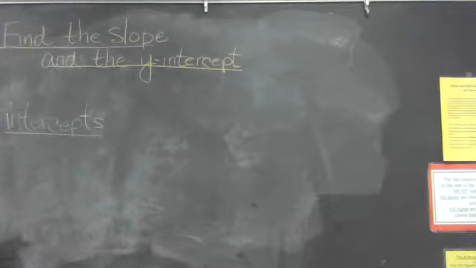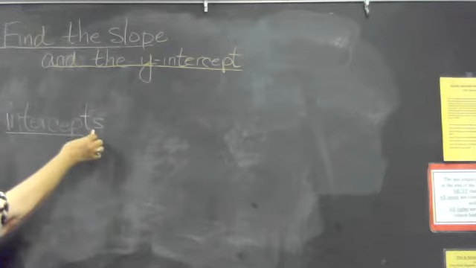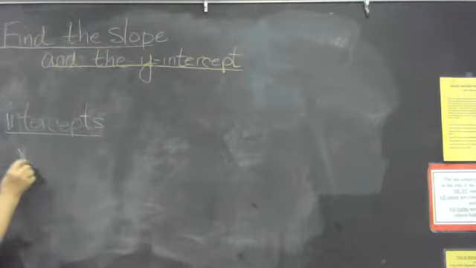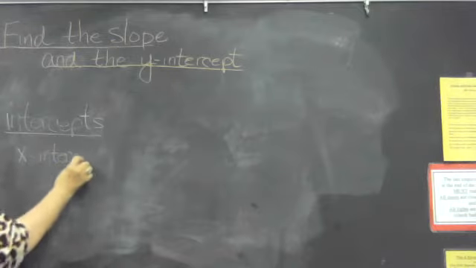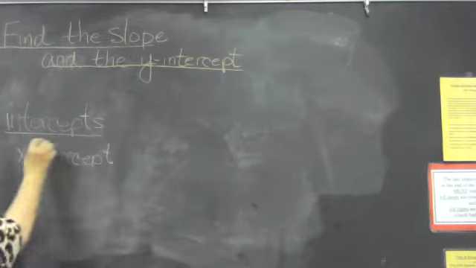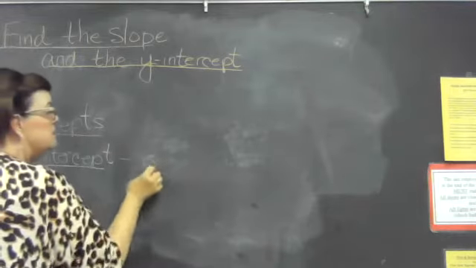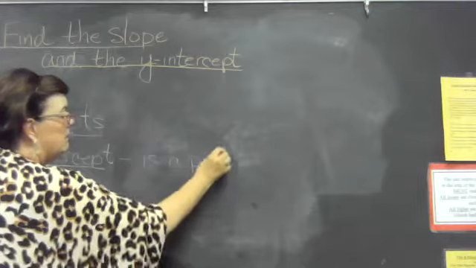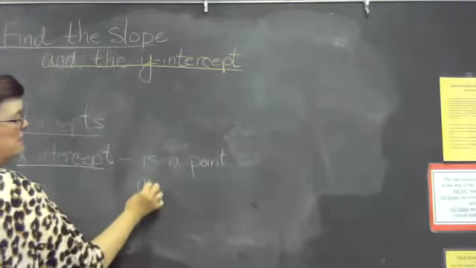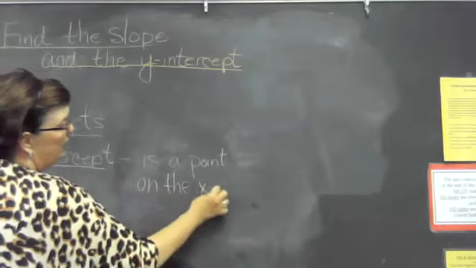This simply means, if we're talking about on a graph, an x-intercept is a point on the x-axis.